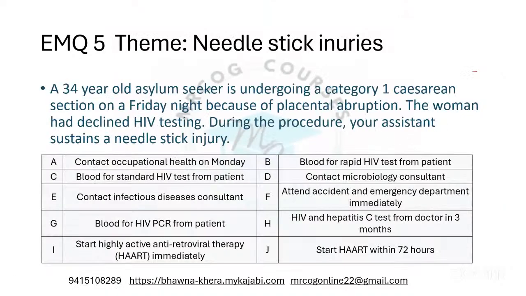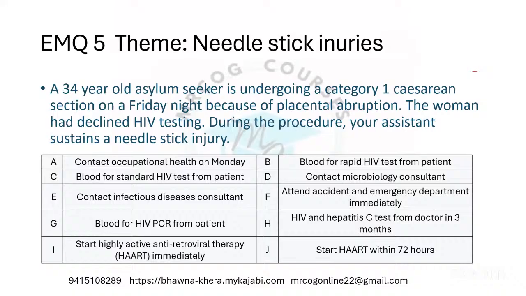This is needle stick injury, another important topic. A 35-year-old asylum seeker is undergoing a category 1 cesarean section on a Friday night because of placental abruption. The woman has declined HIV testing. During the procedure, your assistant sustains a needle stick injury.